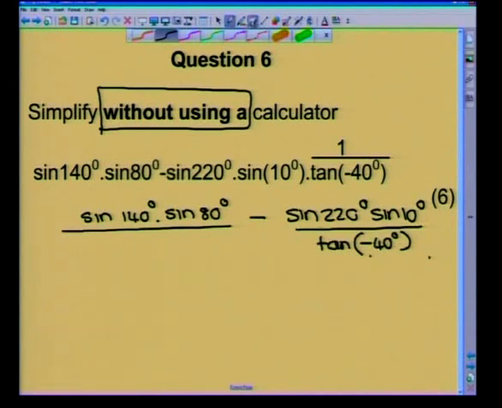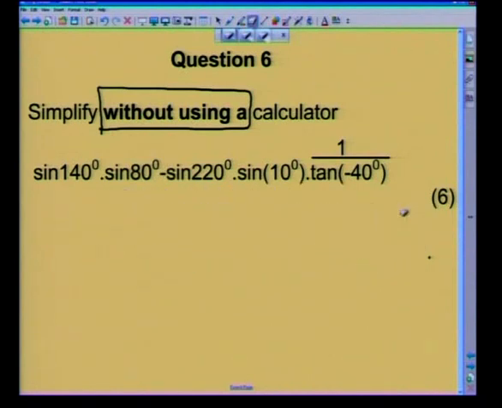Somehow that would have looked less scary than what was written there. But you agree with me that it means exactly the same thing. It's really just a matter of preference. So I'm going to do it as it stood, just so you can see. But in actual fact, it won't make a difference if you rewrote it like that. So let's take that away and stick with what the question actually said.